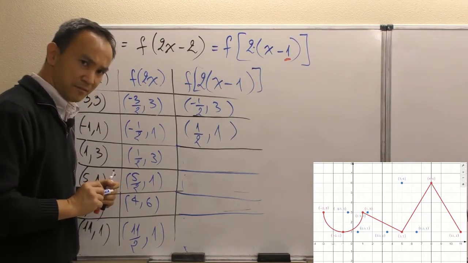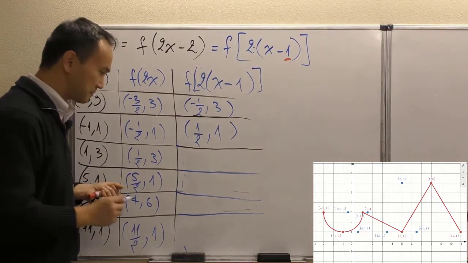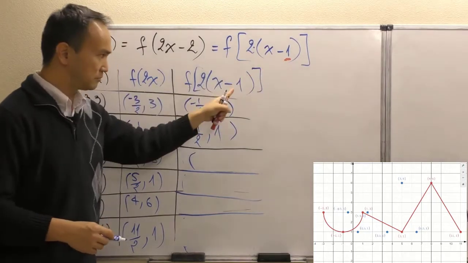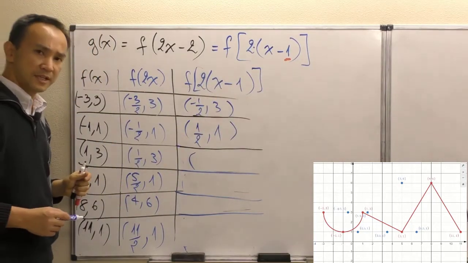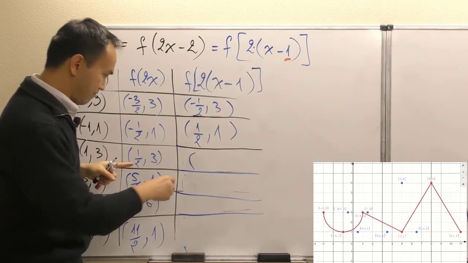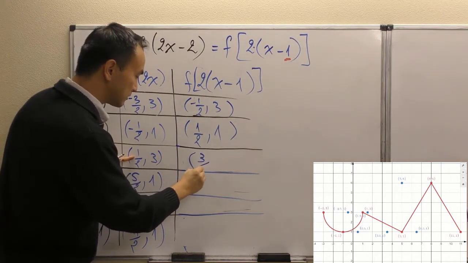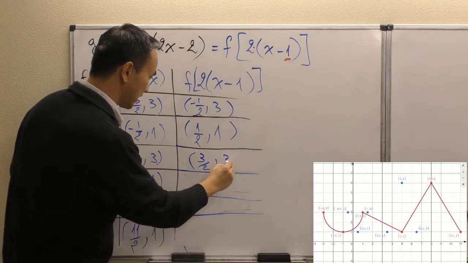Let's advance even further. How about 1/2 plus 1? Now 1/2 plus 1 gives me a positive 3/2, and the y value, comma 3.